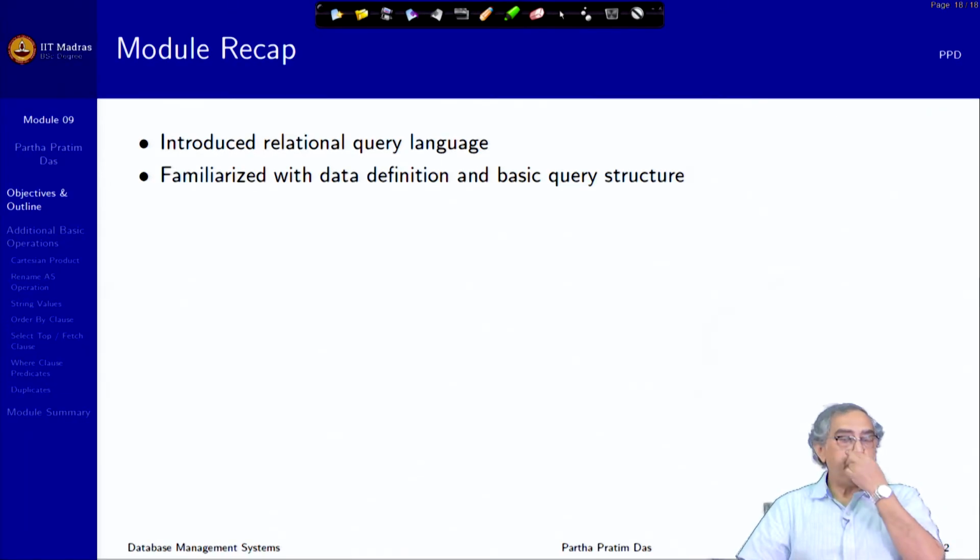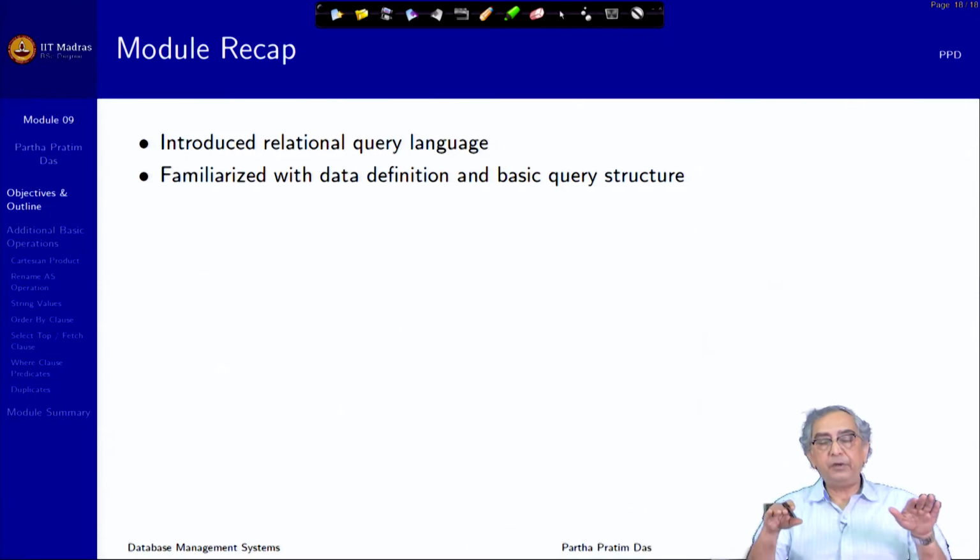I know you may not yet be comfortable with this. Wait, after we have introduced certain parts of SQL, we will have a more detailed walkthrough with examples for each one of these, so that you can get more and more comfortable with it.